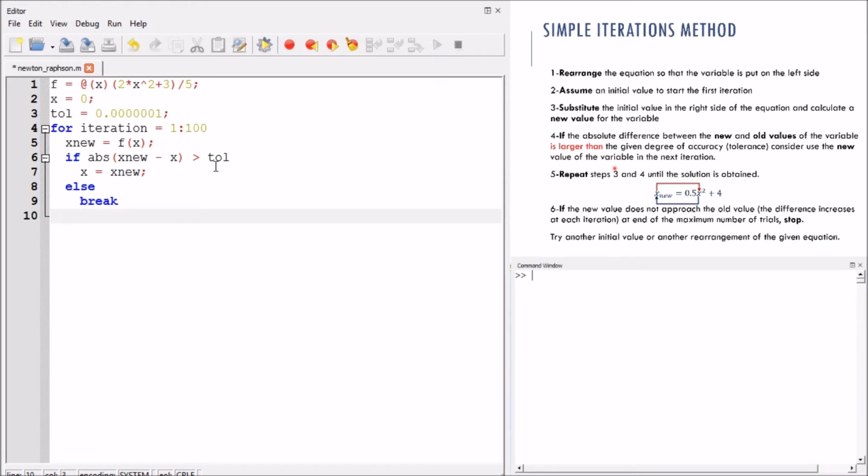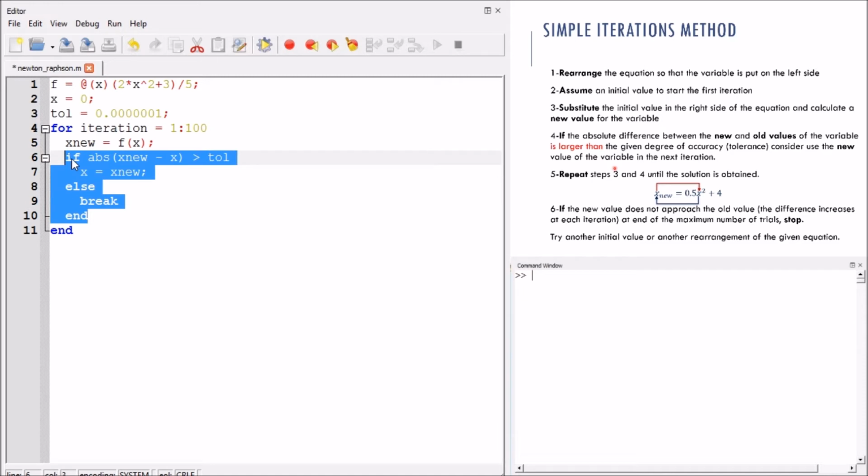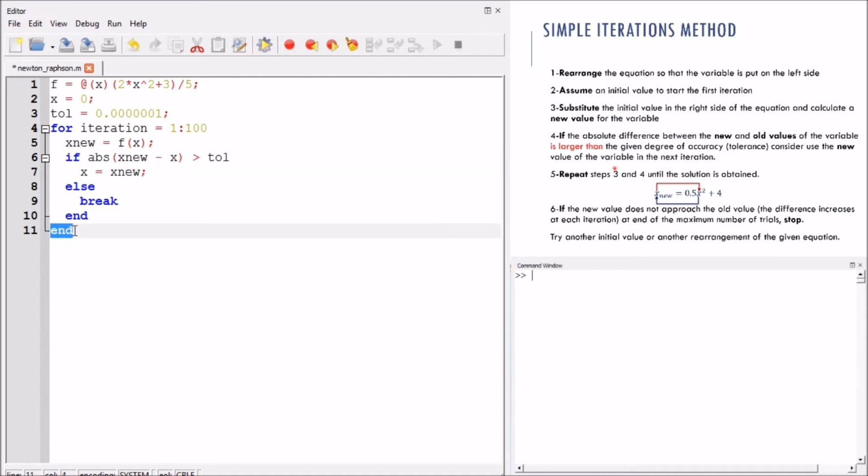We can stop here. So we say break. Break will end the loop. So here we have two end statements. The first end ends the conditional if, and the second end stops the loop.